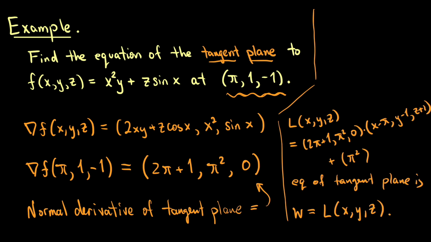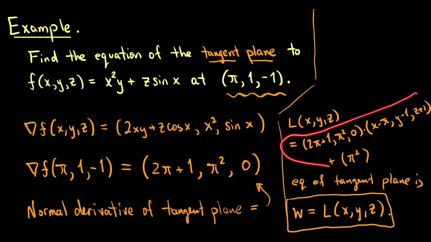So if I look at all the points x, y, z, w in R4, then I will have a flat plane-like thing, which is tangent to the graph of f. The graph of f is something in R4. I won't write all of this out because I'm running out of room on the slide. But if you wrote all that out and you expanded it, you would have a nice equation for the tangent plane.